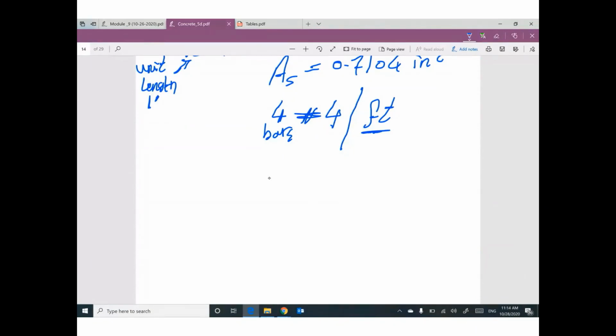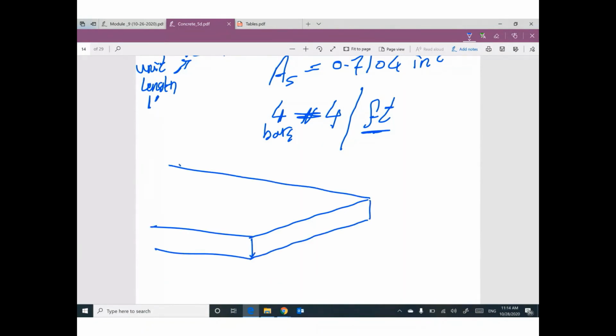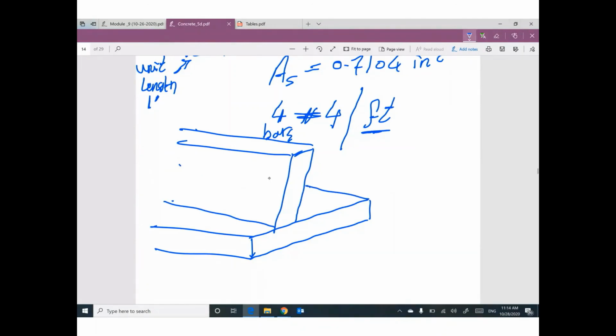So this footing, and here is the wall. This steel reinforcement will be in this direction. How many? 4 bars, number 4 every 1 feet.